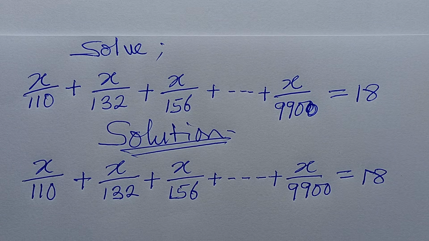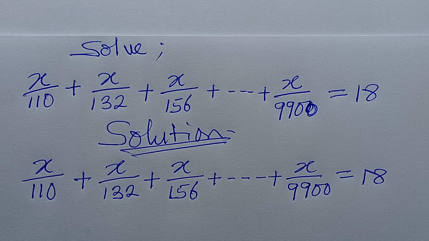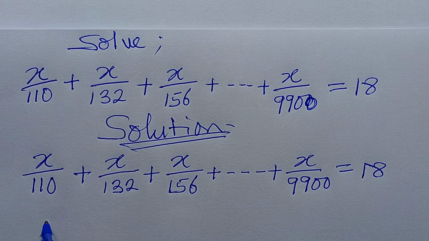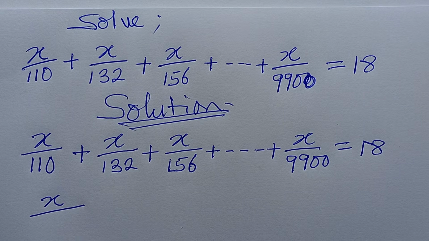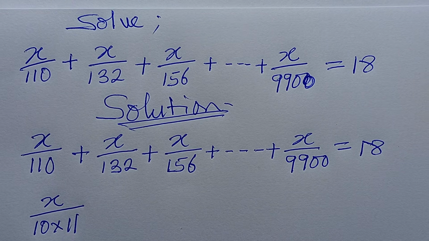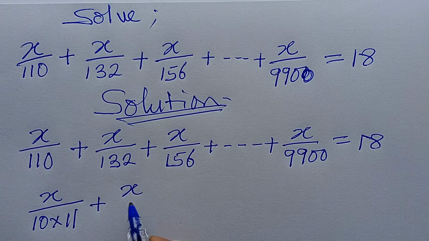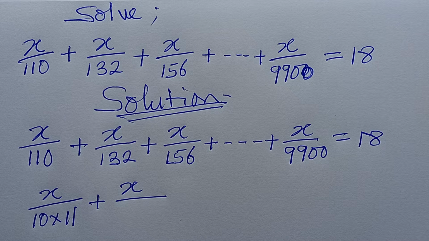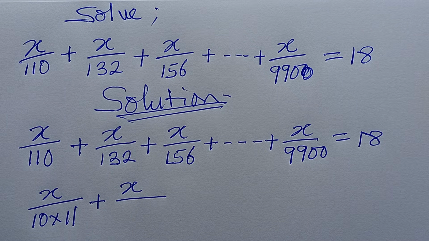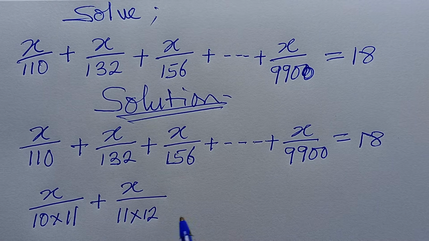So let's go ahead and express these denominators in terms of their factors. So we're going to have x over 10 times 11, right? Good. There plus x over, we said 132 can be expressed as 11 times 12. So this is going to give us 11 times 12.